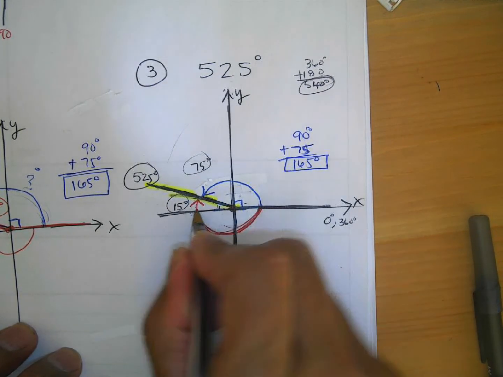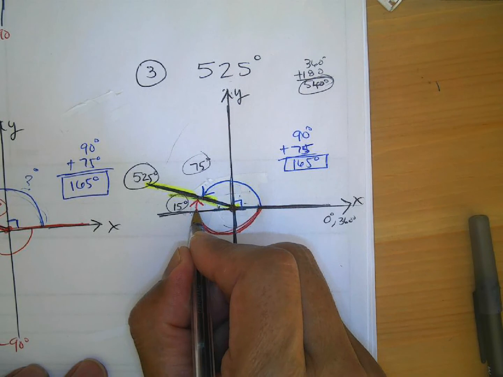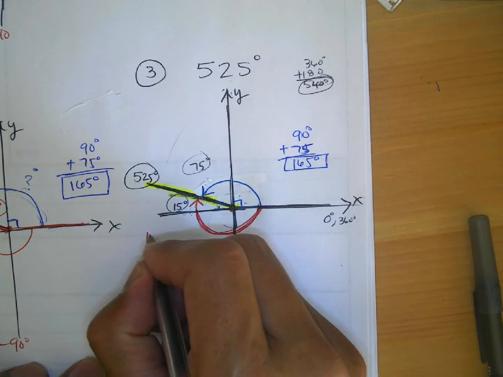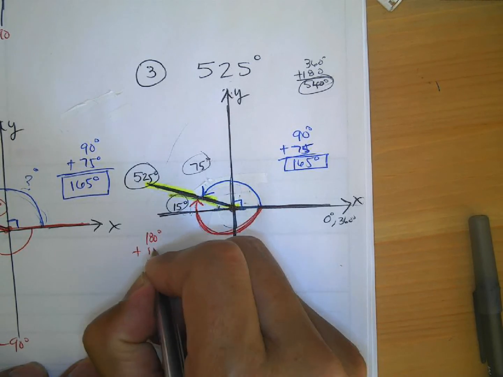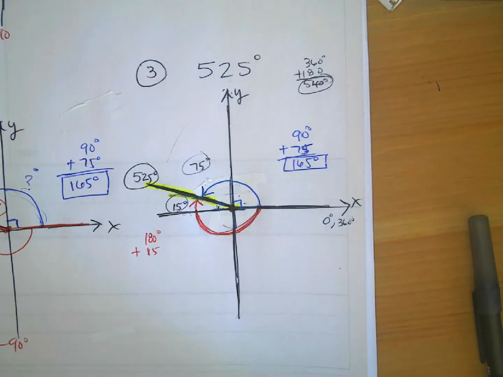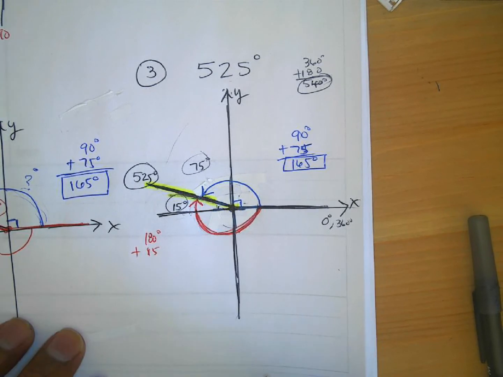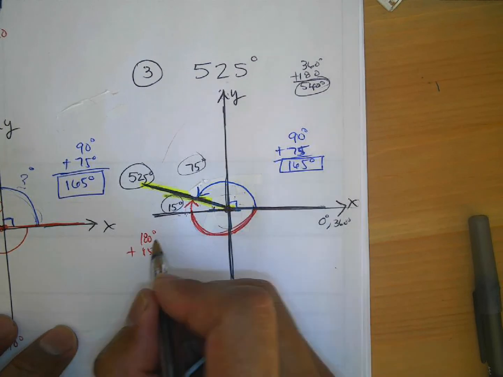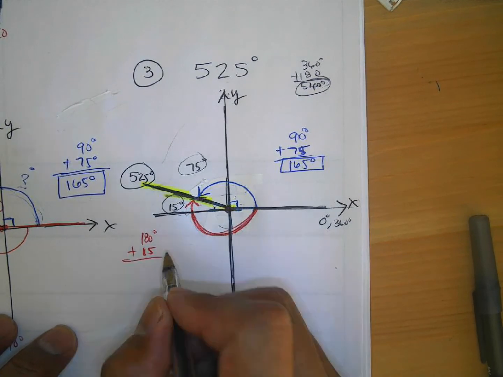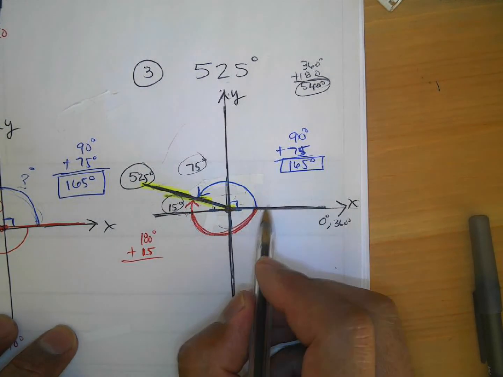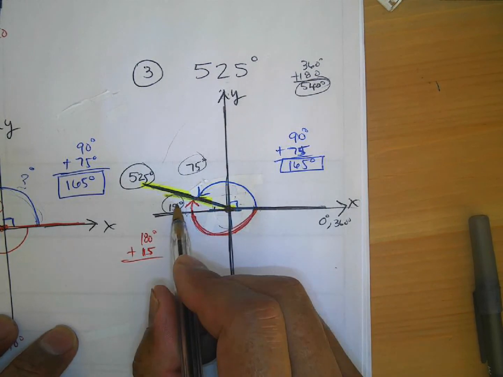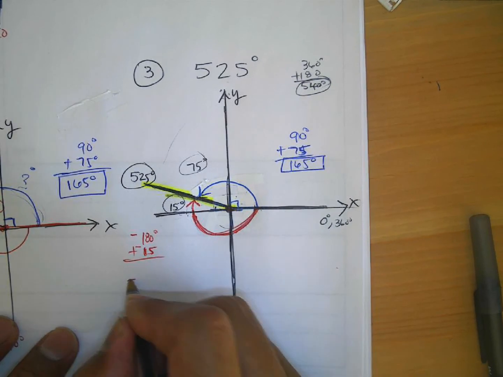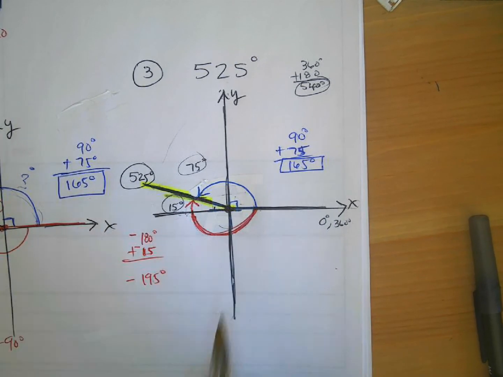I know from here this is 180. 180 plus 15. 180 plus 15 is what? Remember, we're going negative though. Negative 90, negative 180. So you add a negative 180 with a negative 15, that's negative 195.